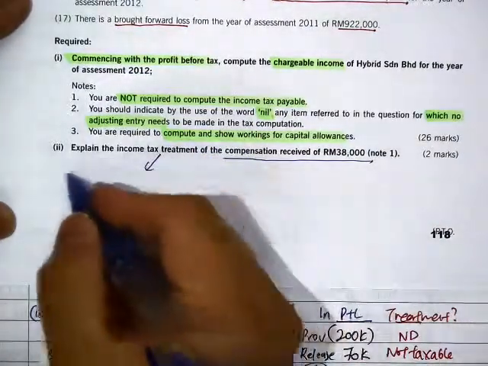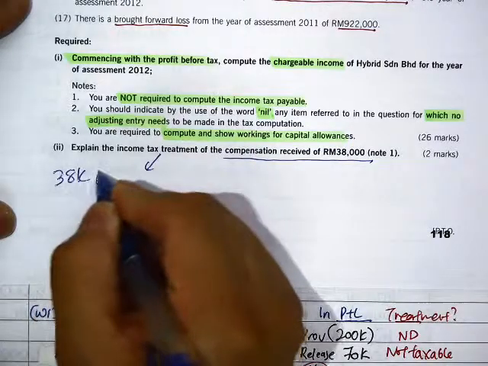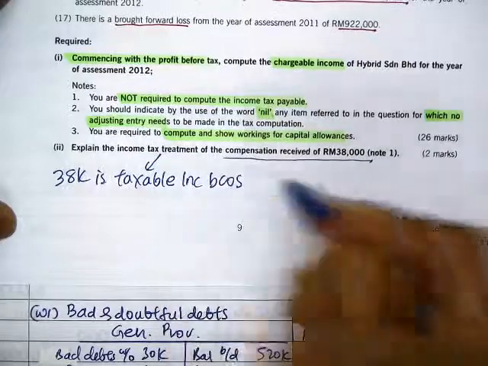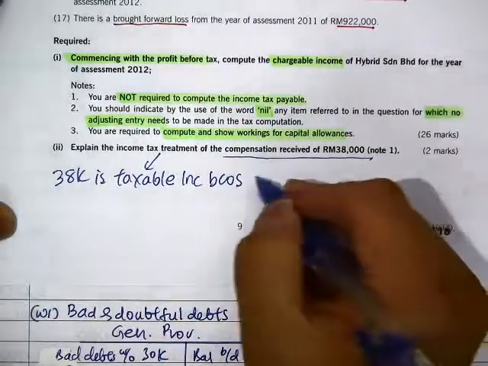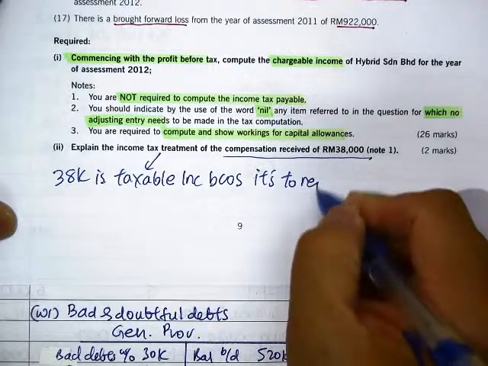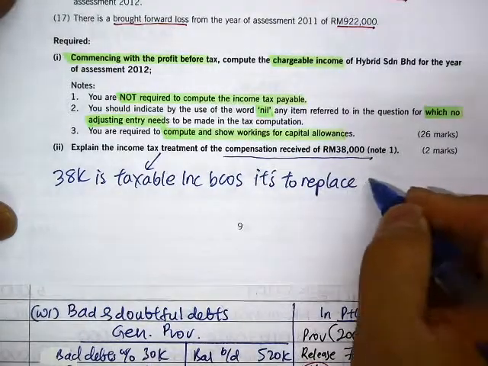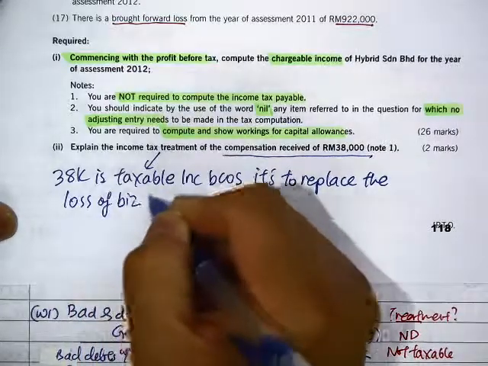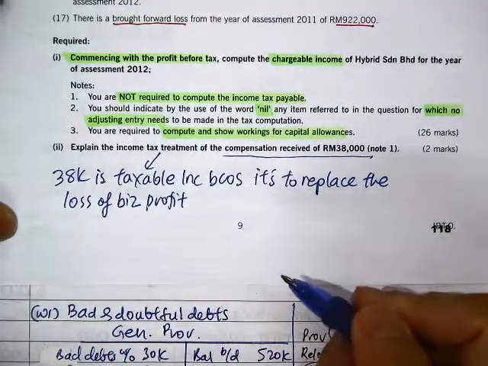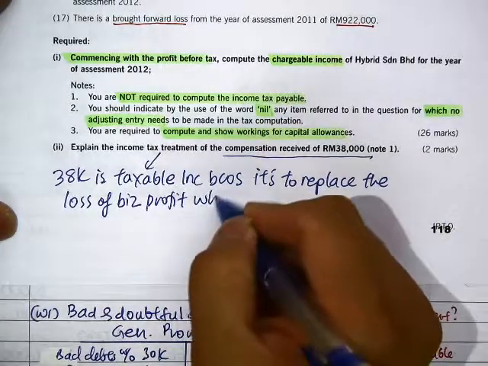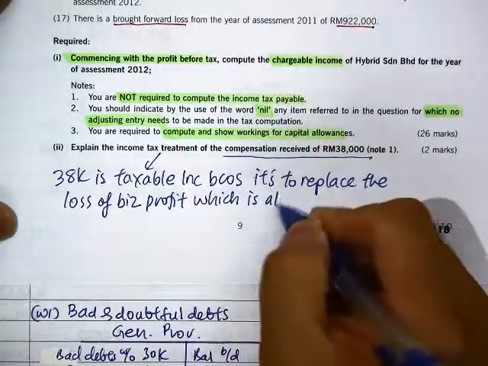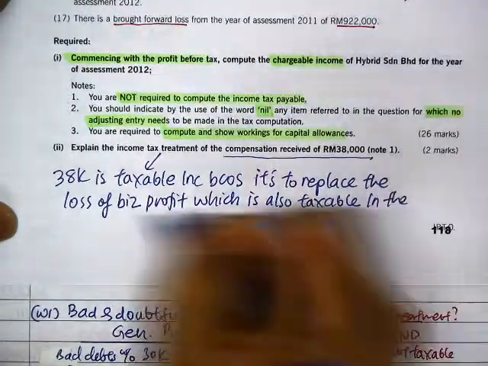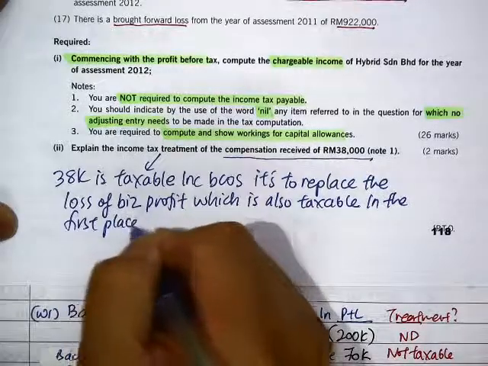Now, we say that the 38,000 is taxable income because it is to replace the loss of business profit, which is also taxable in the first place.